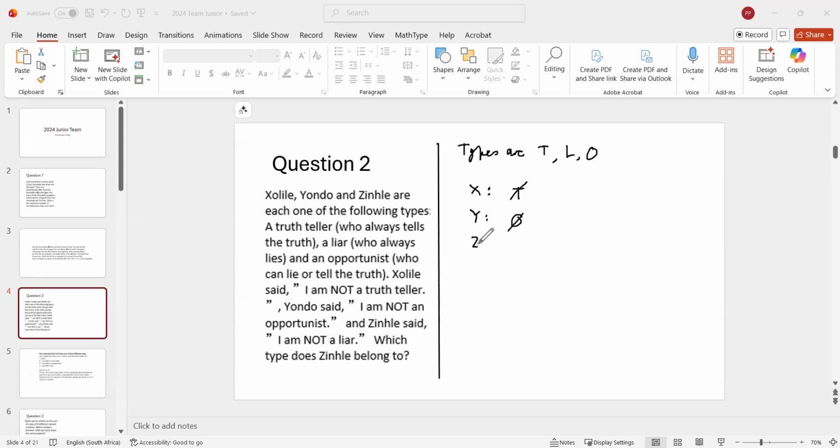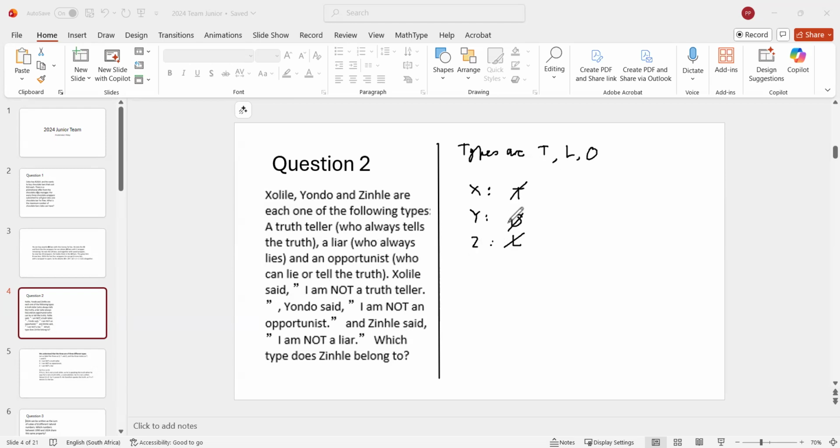And Zinchle says, I am not the liar. Now they always lie or they always speak the truth. The question is, which type does Zinchle belong to? You don't know. These guys can be any one of the 3 types. You just meet them at random.